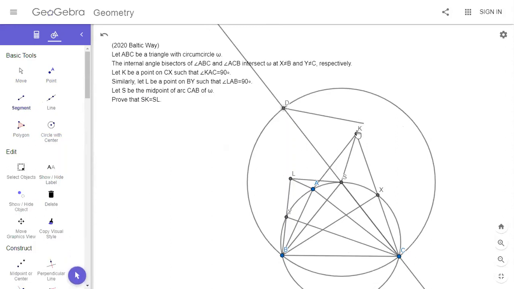Wait a sec. Yeah, basically, we want to show that triangle SKD is congruent to SLB, where S is the center of this circle.